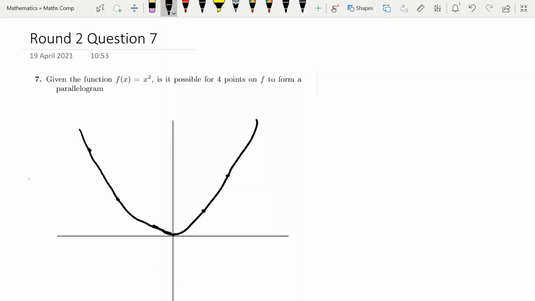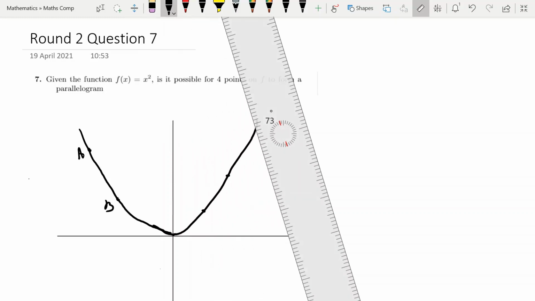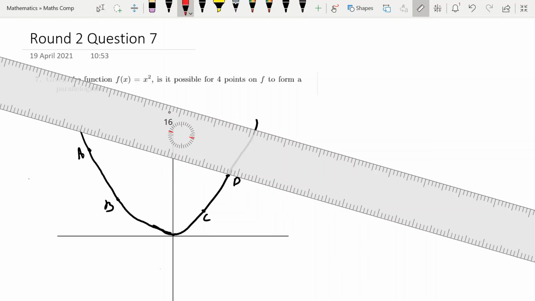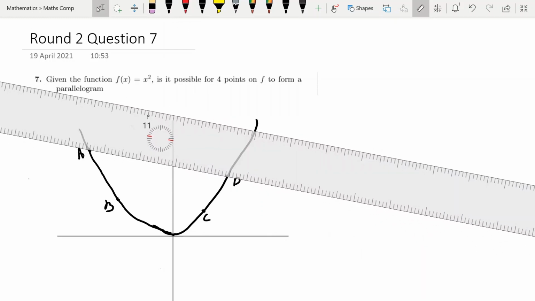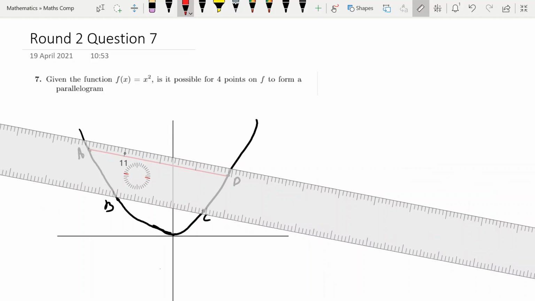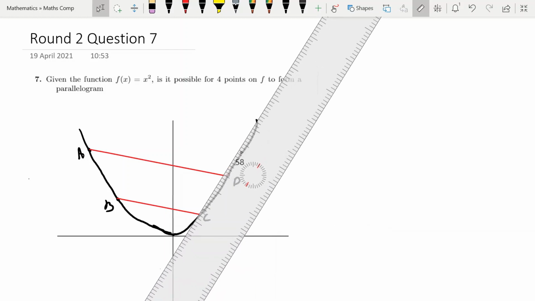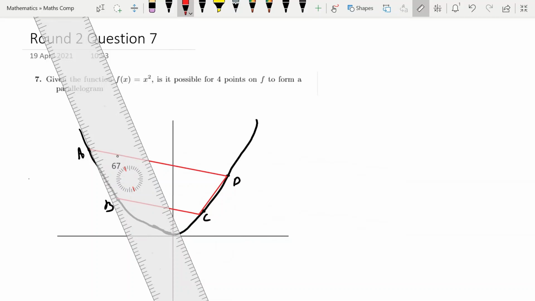So here are the 4 points. I'm going to call them A, B, C, and D, and join these up real quick. So I'm joining A to D, and then you can get another parallel line there, B to C. And just from inspection, I can see these last 2 lines don't look parallel, but we're yet to prove it.